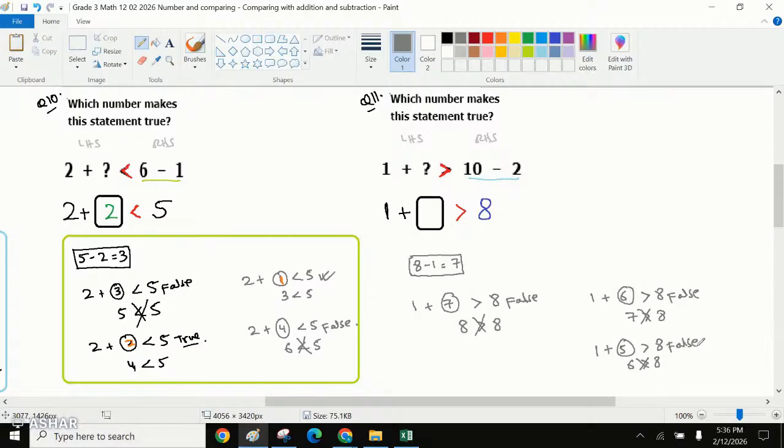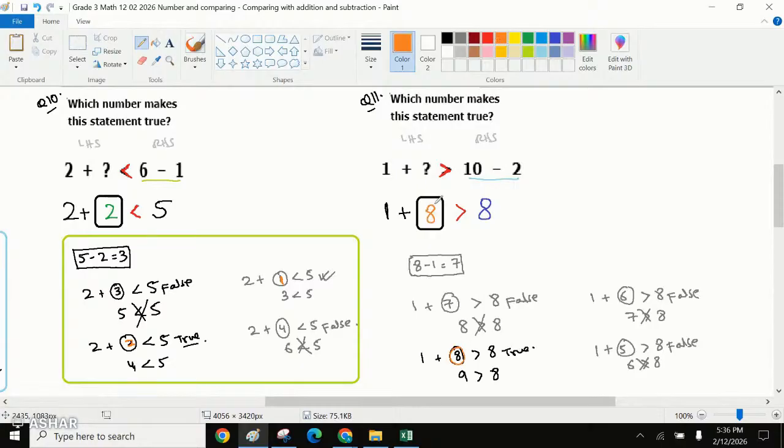That means we cannot consider a number that is 7 or less than 7, but we can consider a number that is greater than 7. So can we take 8? 1 plus 8 is 9, and 9 is greater than 8. This is a true statement. That means, what is the option that we can consider?